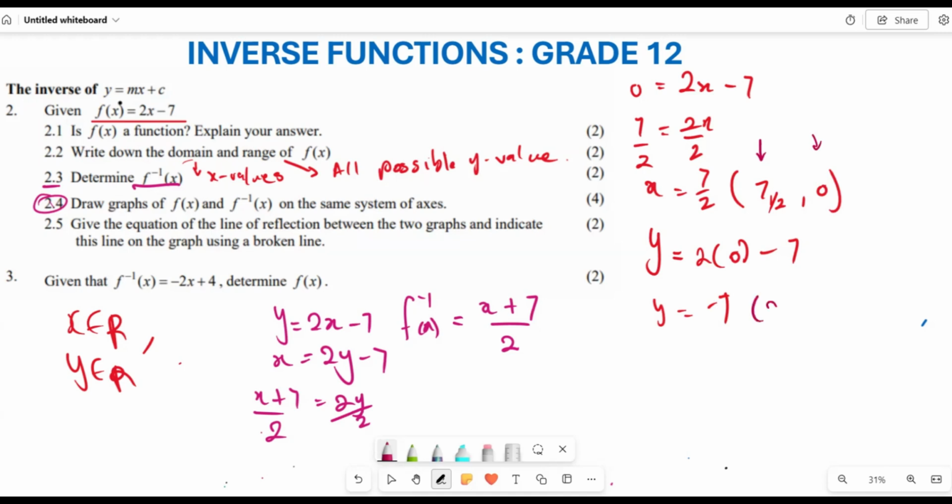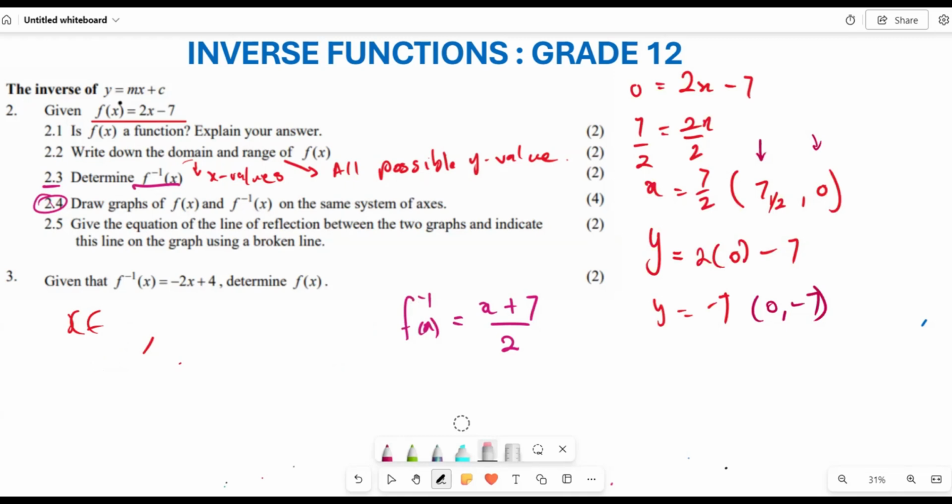And the y-intercept (0, -7) becomes (-7, 0). But maybe let me just calculate the x and y intercepts of our inverse function.